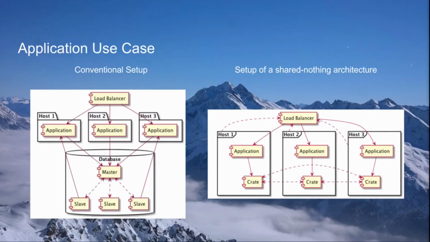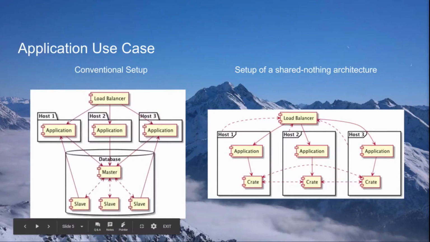On the left-hand side, you have a conventional setup. In a conventional setup of an application using a master-slave database, like for example Postgres or SQL Server, the deployed stack looks quite similar to this.